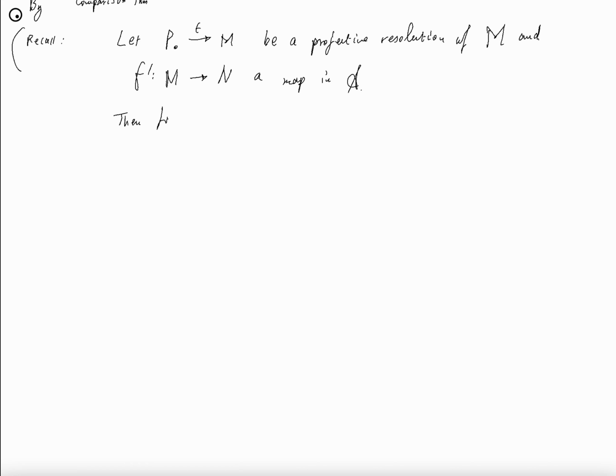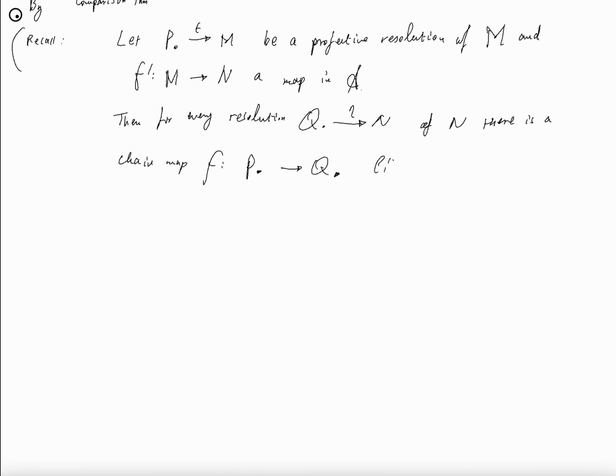Then for every resolution of N, let's call it eta, there is a chain map from the first resolution to the second, lifting f prime.